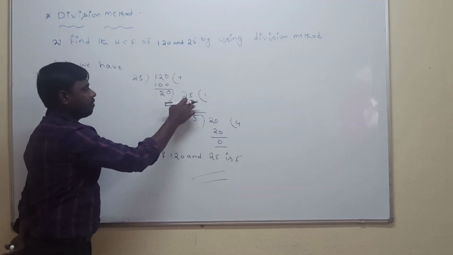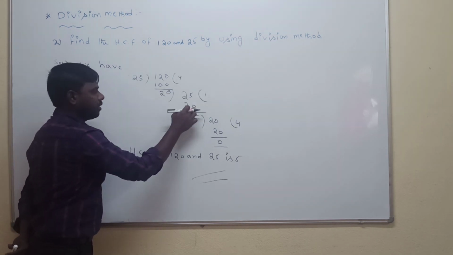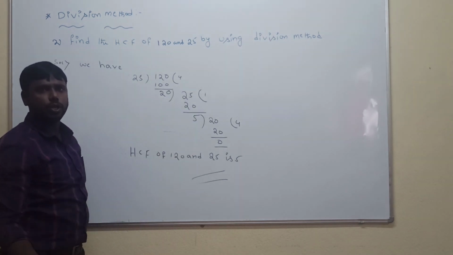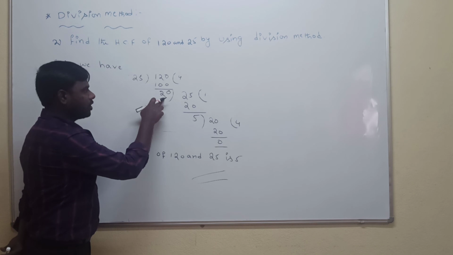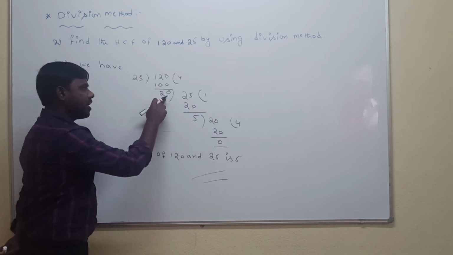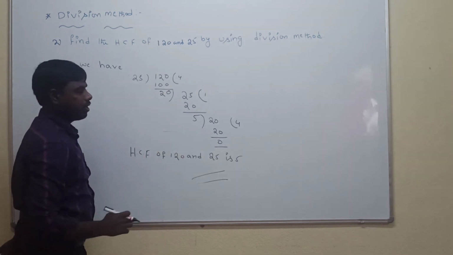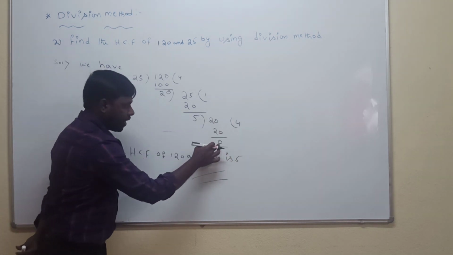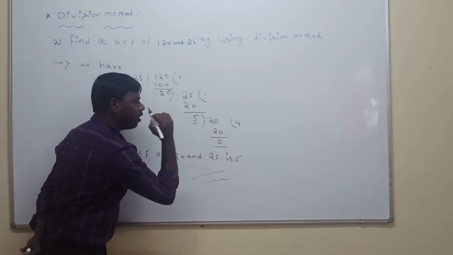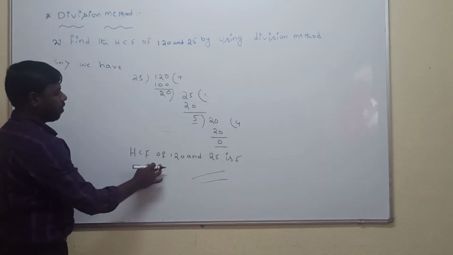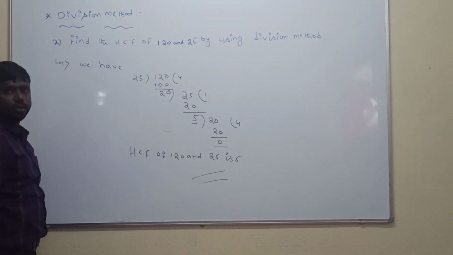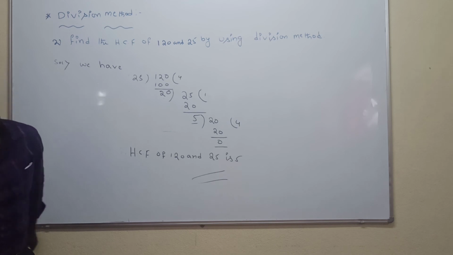So 25 divided by 20 is 1, and 25 minus 20 is 5. So here also we are not getting 0. Again, 20 is the largest number, 5 is the smallest number. So divide the second divisor by the second remainder. 5 4s are 20. Finally, we are getting the remainder 0. Then the last divisor is called HCF. So HCF of 120 and 25 is 5. Everyone understood? It is clear. The next question.